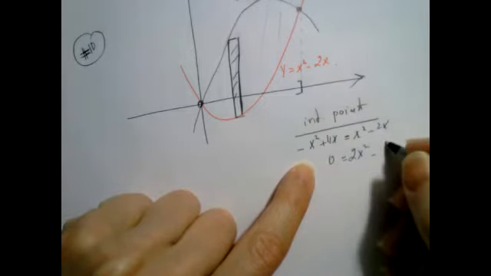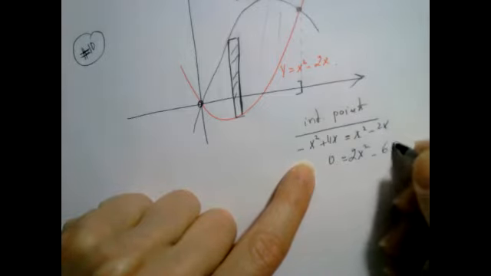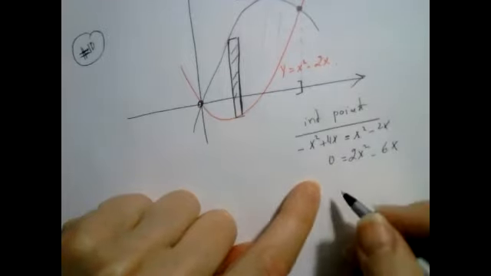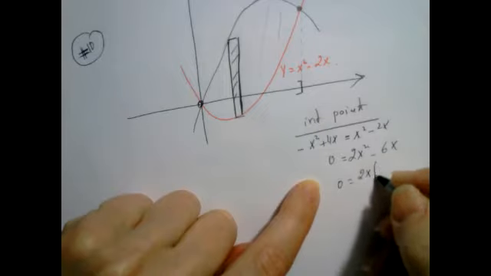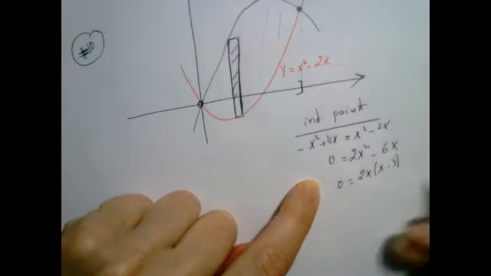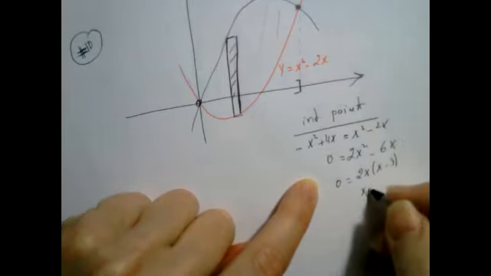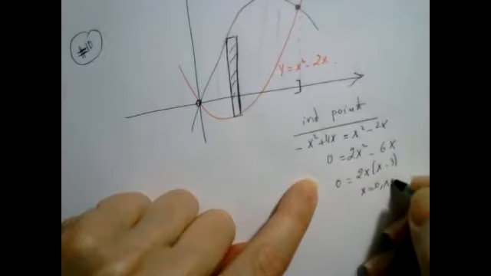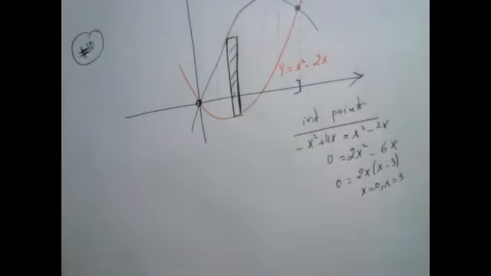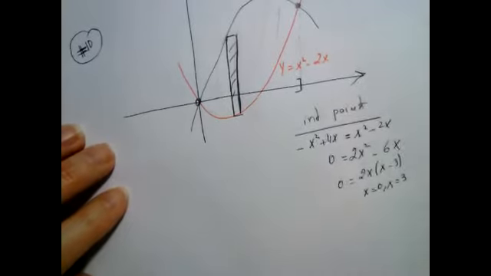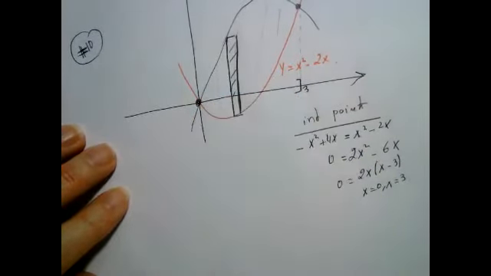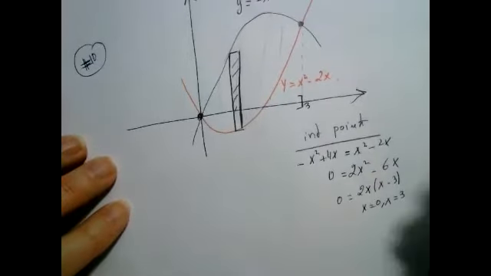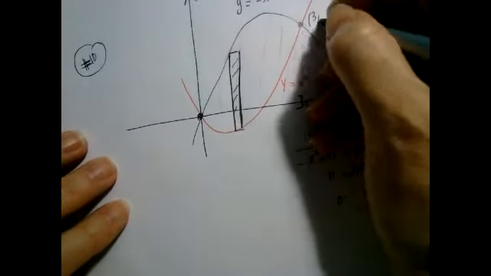And this would give me minus 6x. Always when we're solving, we factor. So we factor the 2x. I'll be left with x minus 3. It means intersection points x equals 0, x equals 3. So the interval I need to subdivide into pieces is the interval between 0 and 3.